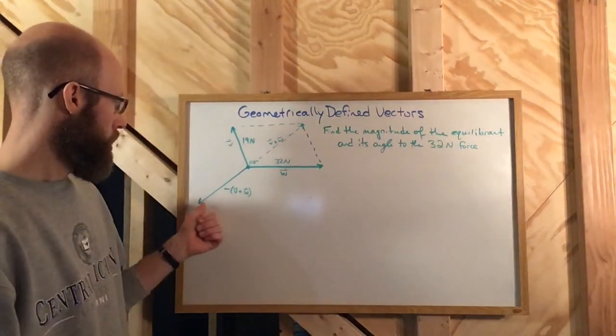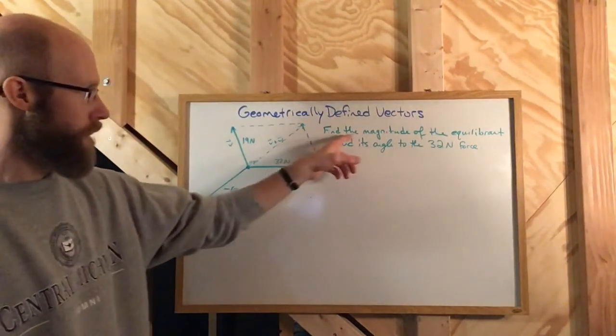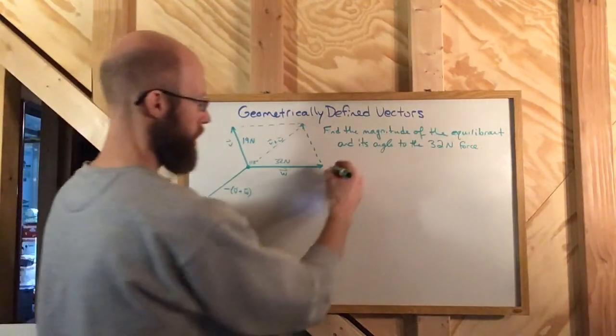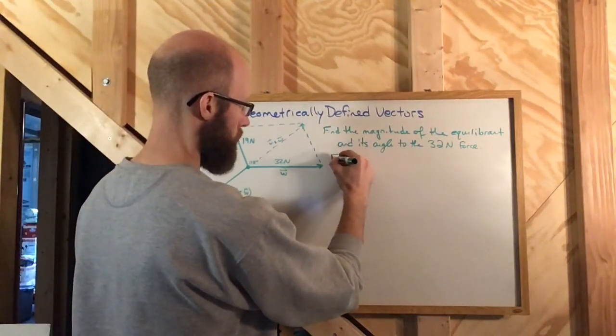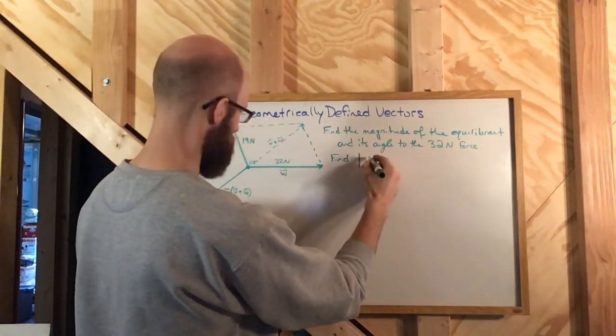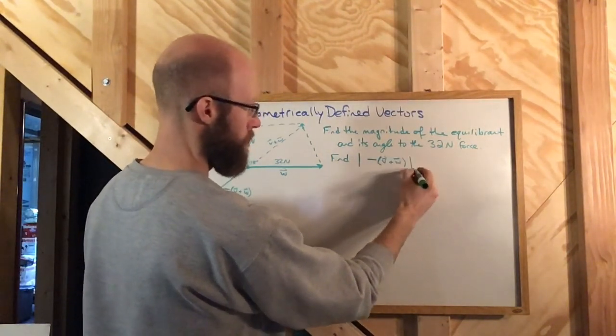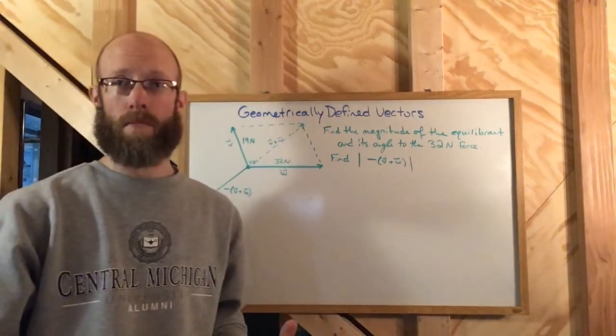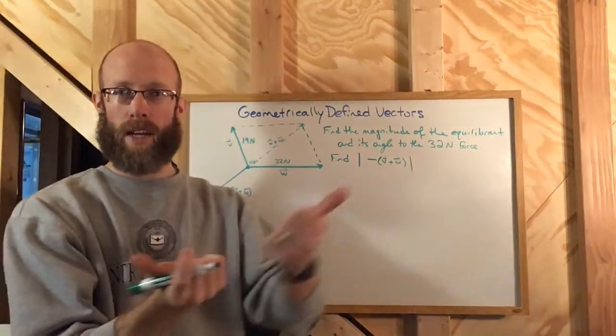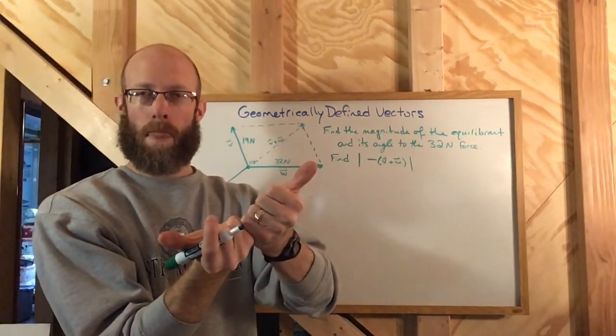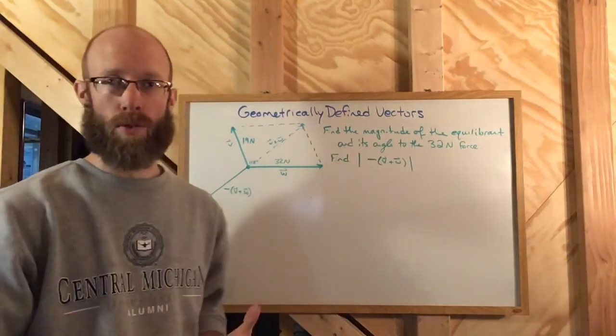And then we want to find not only the magnitude of that, so I want to find the magnitude of the opposite of V plus W. Well, it's obviously going to be the same as the magnitude of V plus W, right? You want two opposite but equal forces to create an equilibrium.